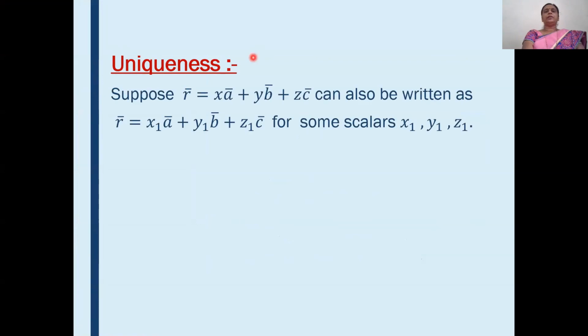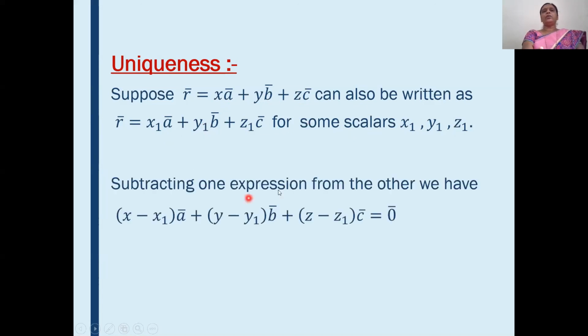Let's see the uniqueness of the theorem. Suppose this R bar equal to x A bar plus y B bar plus z C bar can also be written as R bar equal to x1 A bar plus y1 B bar plus z1 C bar for some scalars x1, y1, z1. Now subtract one equation from the other, and we get (x minus x1) A bar plus (y minus y1) B bar plus (z minus z1) C bar is equal to 0 bar.